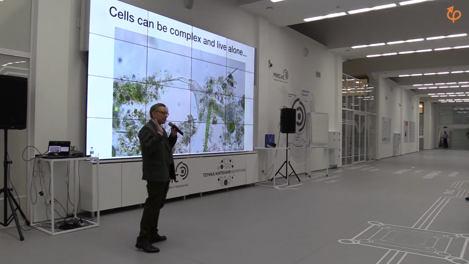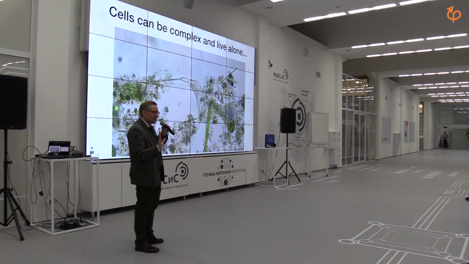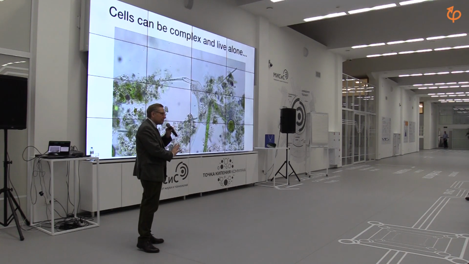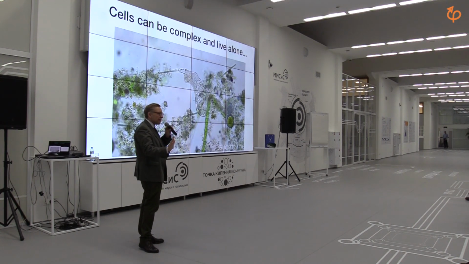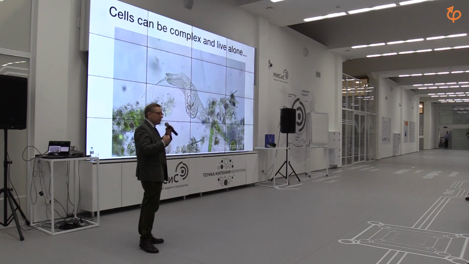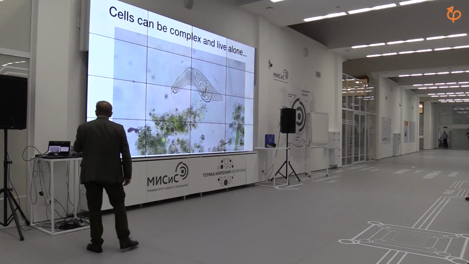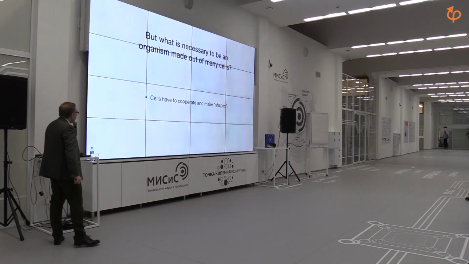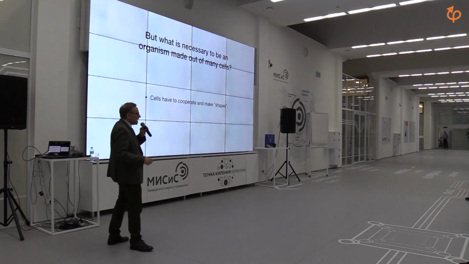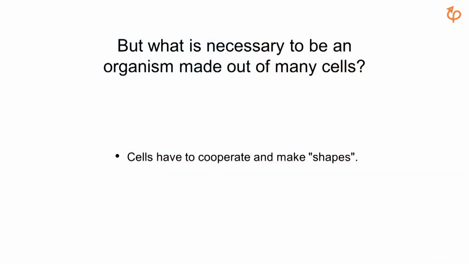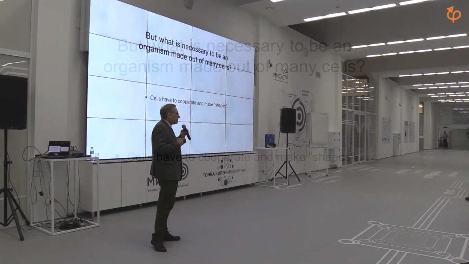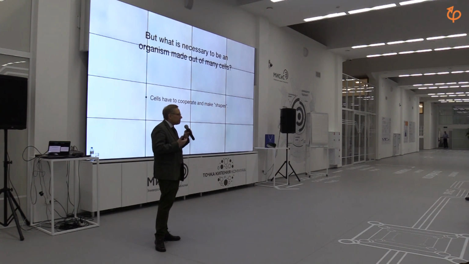These are highly specialized cells sometimes, but during development, to make a multicellular animal, you start from a simple organized cell which has many functions and can become many different things. So what is necessary to make a multicellular animal, right? Because an animal can also be only one cell, what is important is that you can make many cells.